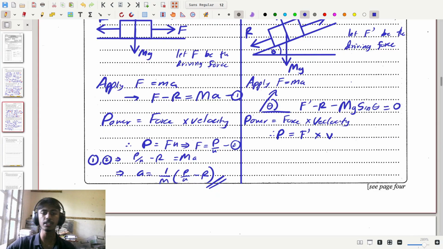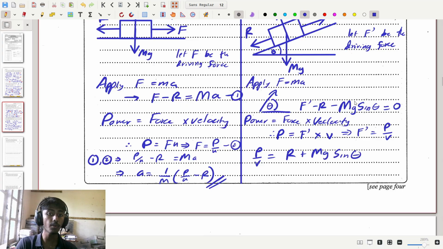Now what we're going to do is divide both sides by V and substitute for F dash, so F dash equals P over V. Taking this into the equation, I get P over V equals, taking the other terms to the other side, r plus mg sine theta.